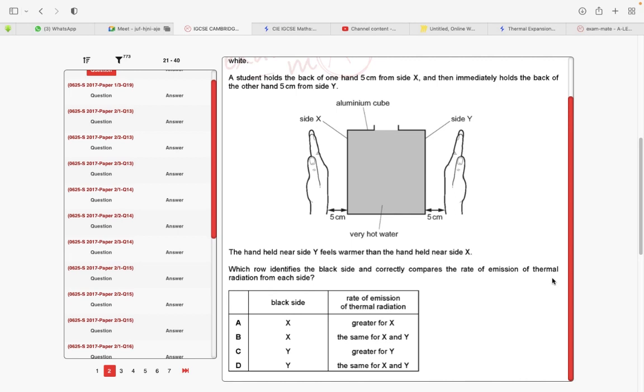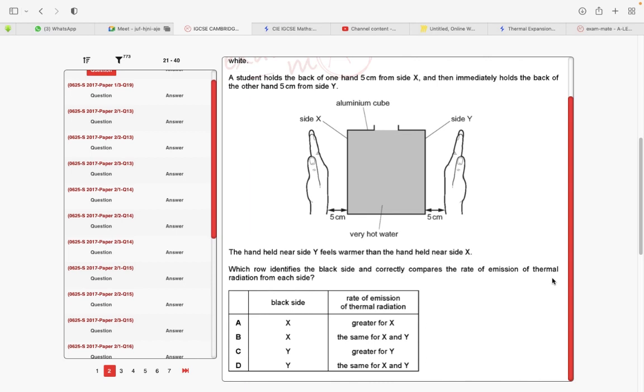It's not a good radiator of the heat energy. But then, what does it do with the heat if it doesn't absorb it and doesn't emit it? It reflects it mostly. That's its biggest characteristic.